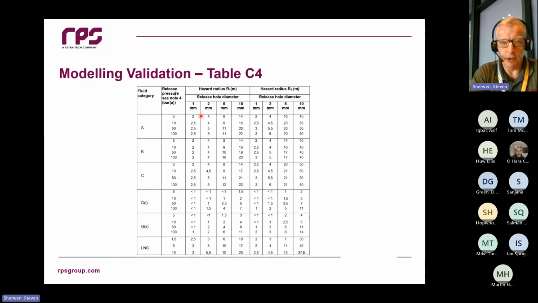I'm not going to go into a lot of detail about how we choose that now, but needless to say, the kind of hole sizes we talk about in area classification are 1 and 2 millimeters. Once you've got those 3 pieces of information, you can see how big your zone is. So if you've got a flange leaking LPG at 10 bar through a 1 mil hole, you have a zone 2 of 2.5 meters.